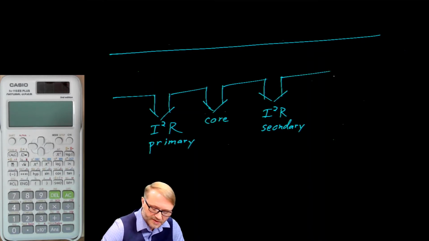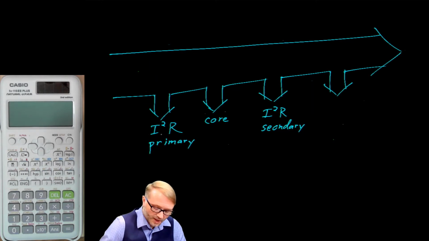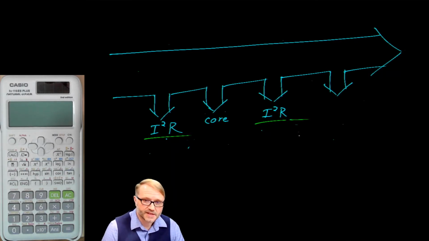Turns out that motors have the same losses plus a few more. Since motors have windings that are carrying current, we still have these I squared R losses. The terms will change, and I'm going to leave those blank because it depends on what type of motor you're talking about. For example, an AC induction motor would have losses in the stator.